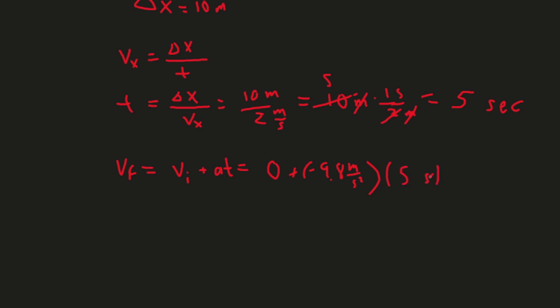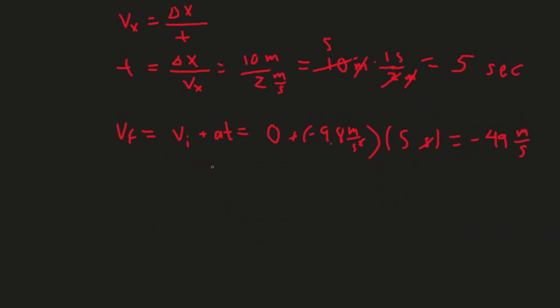Now we can cancel one second with the square, and we are left with negative 49 meters per second. And notice how the meters per second matches with velocity and the seconds match with time.